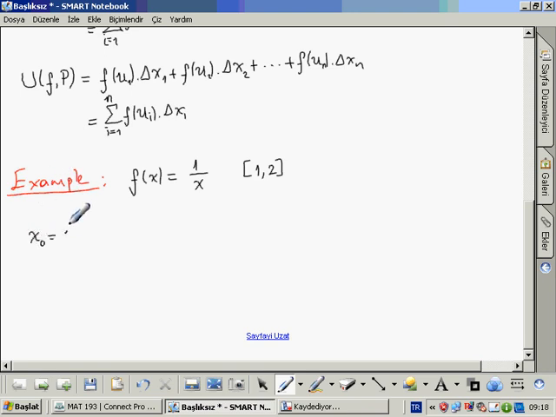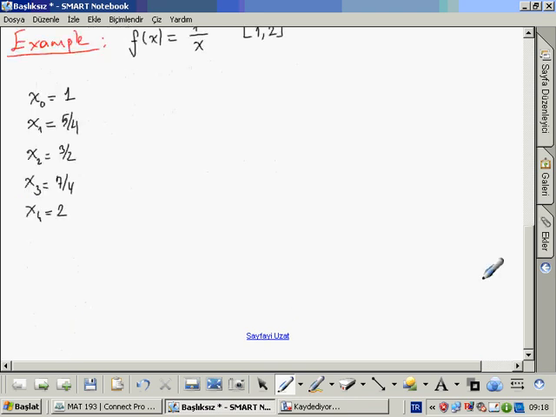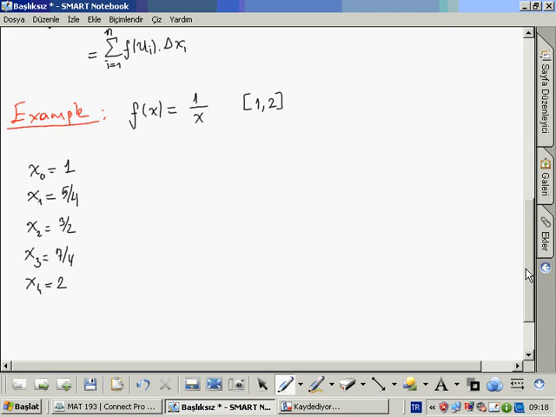And after that, let me take x0 equals 1, x1 equals 5 over 4, x2 equals 3 over 2, x3 equals 7 over 4, and x4 equals 2, okay? That means now we have 5 different points, okay?